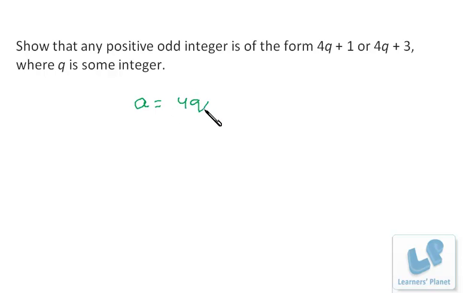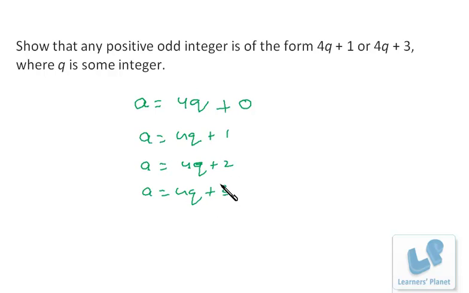So a is 4q plus remainder. The remainder will be between 0 and 3, because if we divide any number by 4, the remainder will be either 0 or 1 or 2 or 3. So a is either 4q plus 0, 4q plus 1, 4q plus 2, or 4q plus 3.